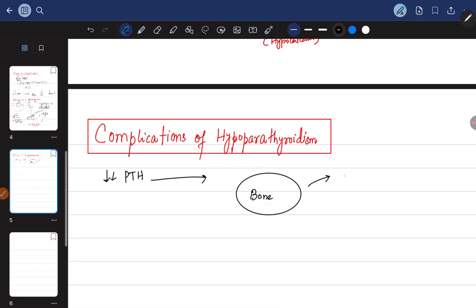There will be decreased calcium. Okay, there is hypocalcemia and increased phosphate. Okay, this is when it acts on the bone.